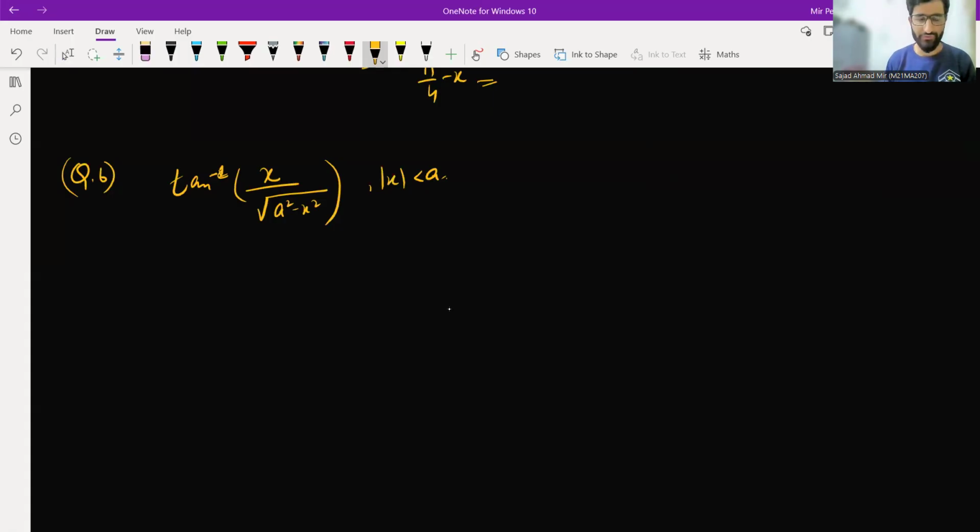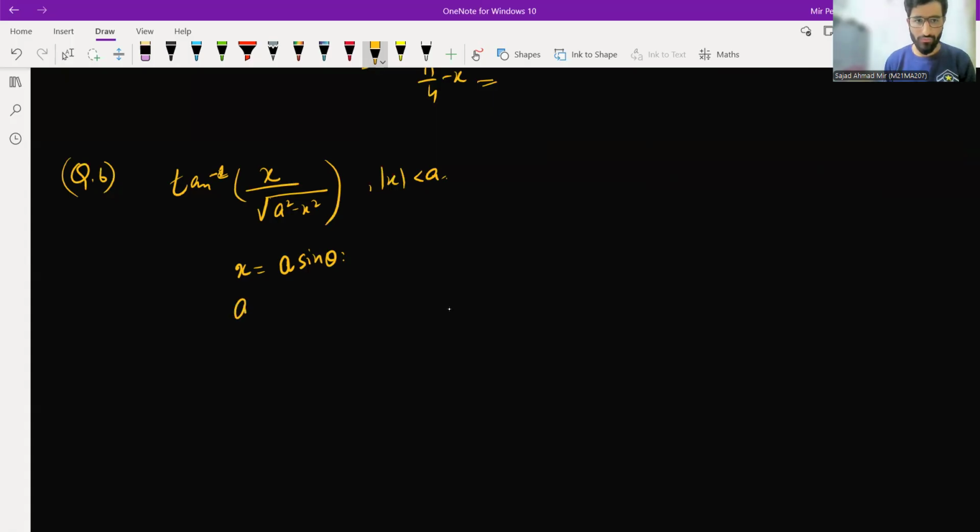So here we can do the substitution. If I put x is equal to a sine of theta, I want to make the internal part some function in terms of tan so that I can do the cancellation.